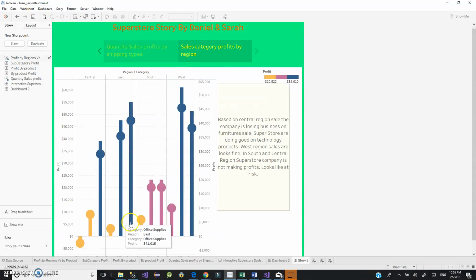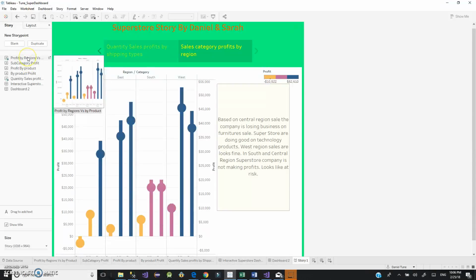Up here, I brought this profit by region table or section and put a little note section for storytelling.